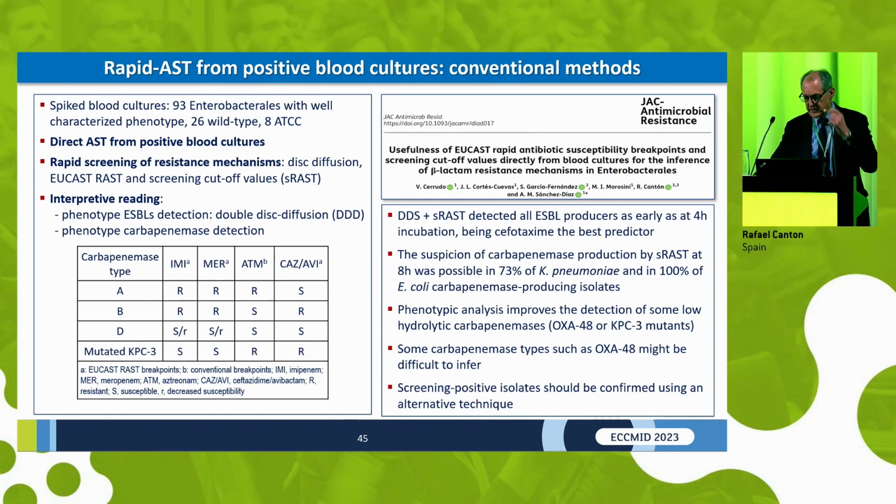And we have this study that was published by our group recently, taking advantage not only of the interpretation of the inhibition zones. The idea there was the interpretation of the phenotypes, and also to infer which was the resistance mechanism, using exactly the same knowledge of the RAST, of the reading of the disk, but going a step further, using a table for the identification of the different carbapenemases.